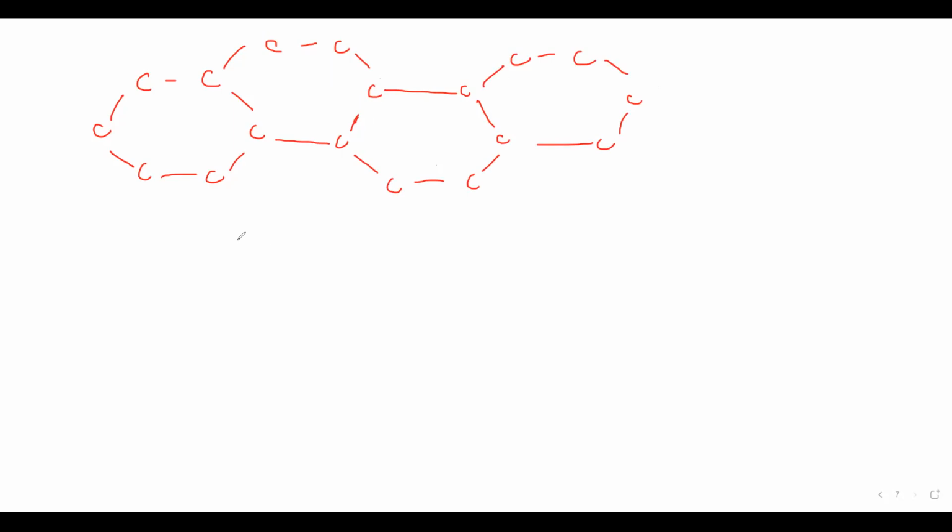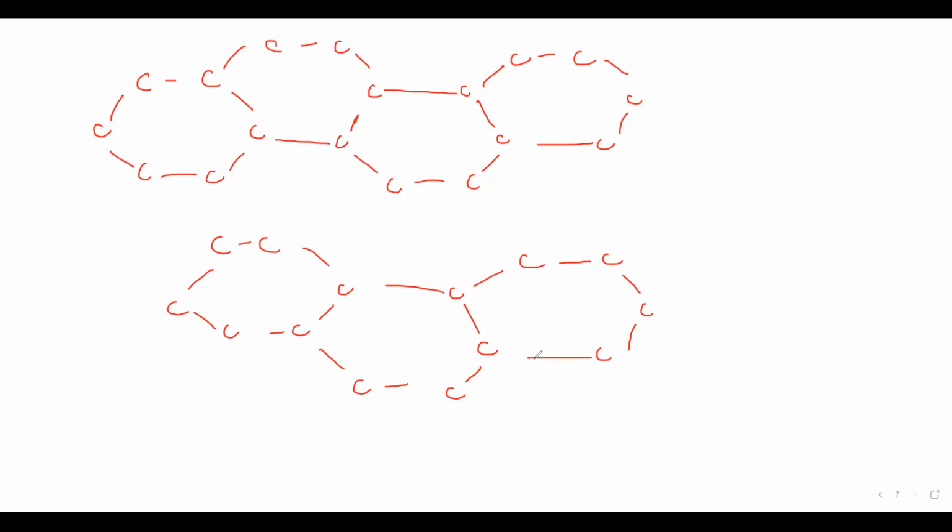So this is layer 1. Each ring will have 6 carbon atoms.